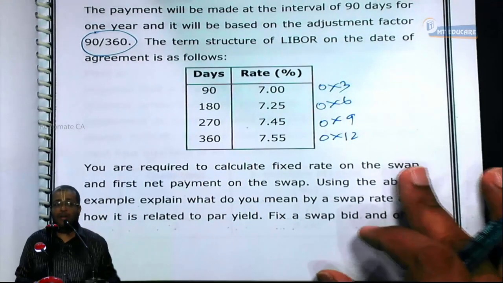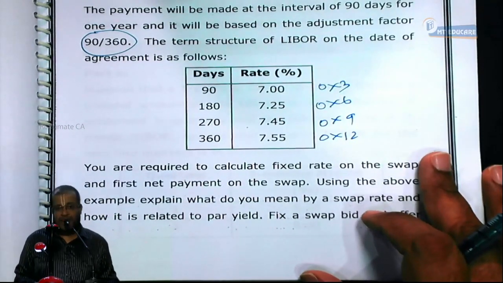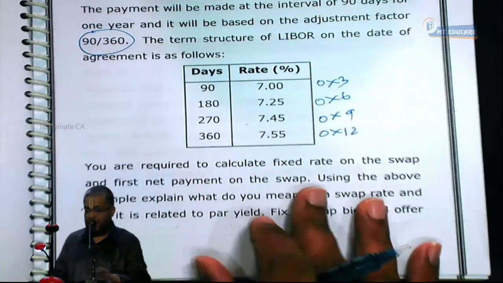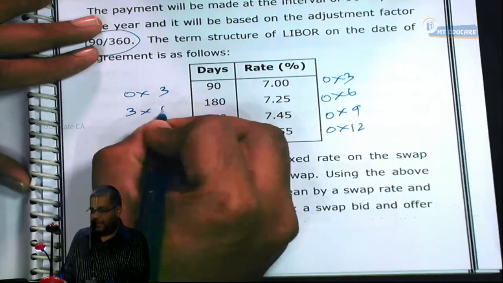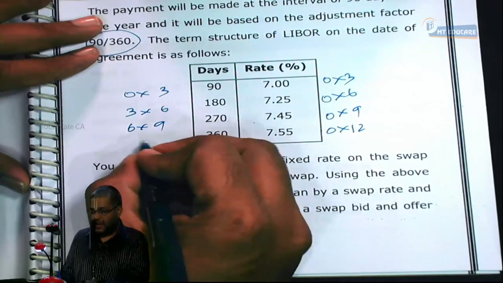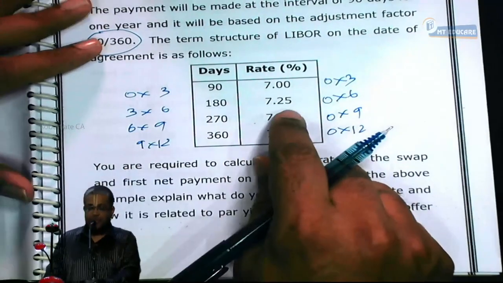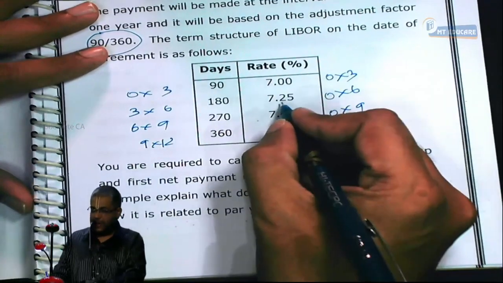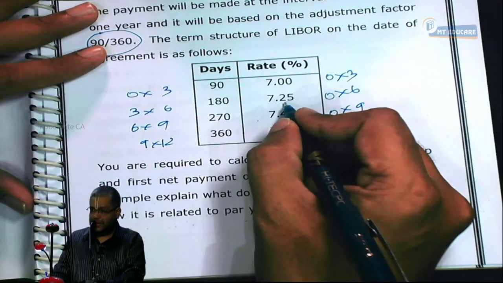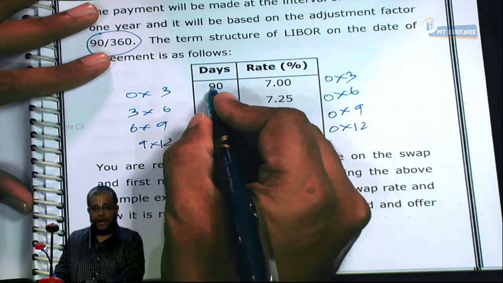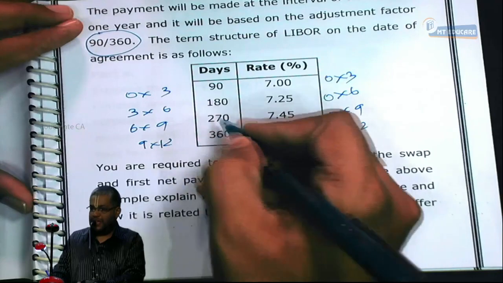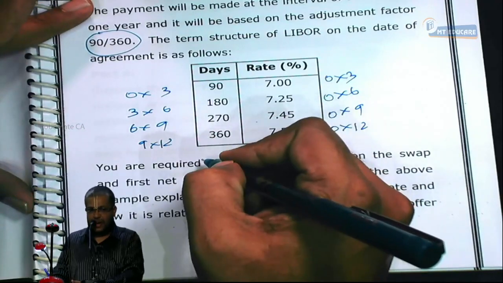Now, the first step we calculate is the forward LIBOR. Tell me, what is forward LIBOR? 0 to 3, 3 to 6, 6 to 9, 9 to 12. So how we calculate it is: these are 0.25 years, 0.5 years, 0.75 years and 1 year.